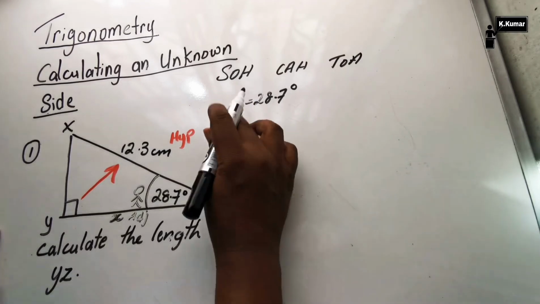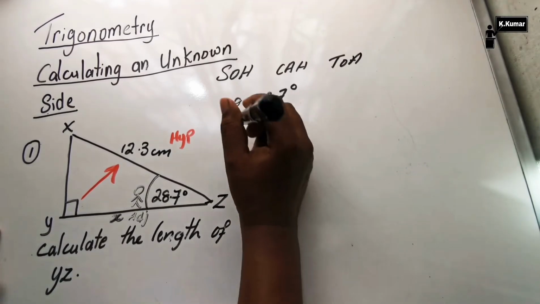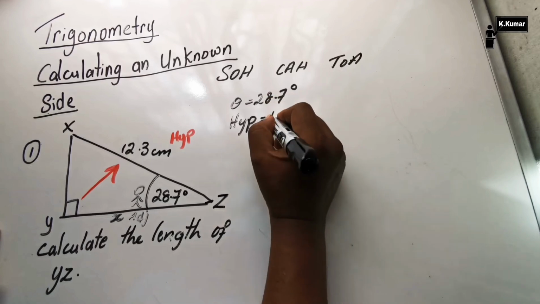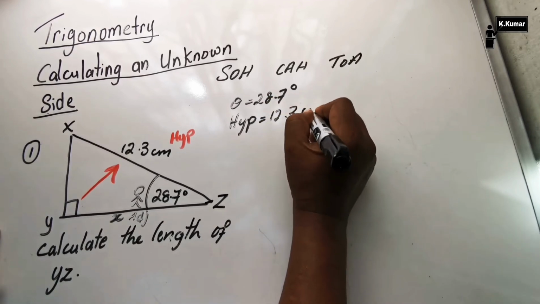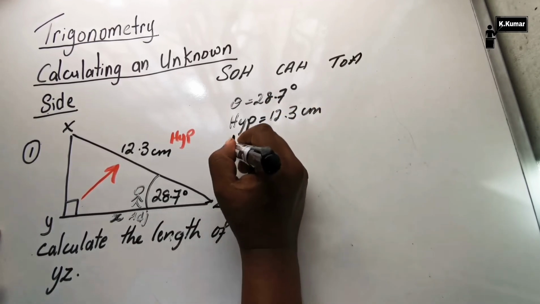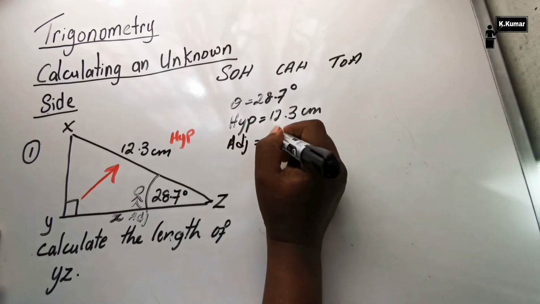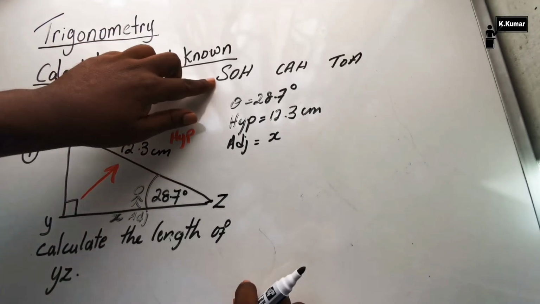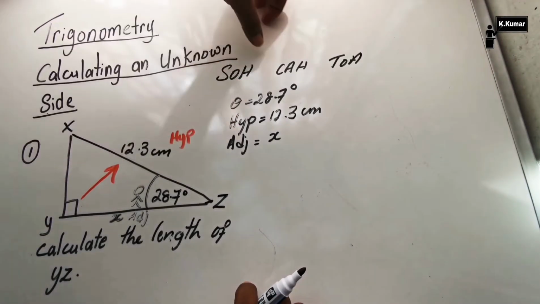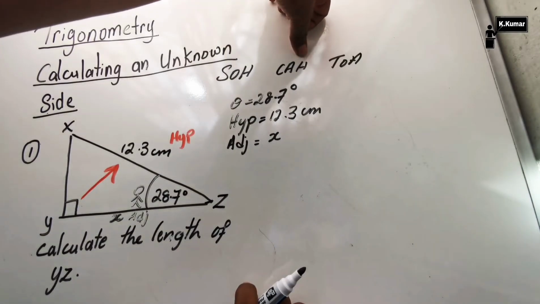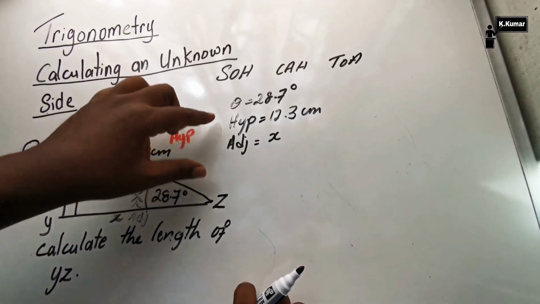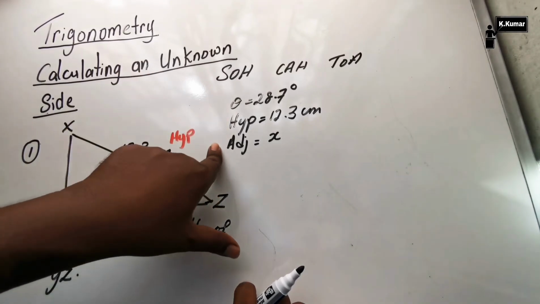So what we have is theta equals 28.7, the hypotenuse equals 12.3 cm, and the adjacent side equals x. Looking at our three trig ratios, which one carries hypotenuse and adjacent?